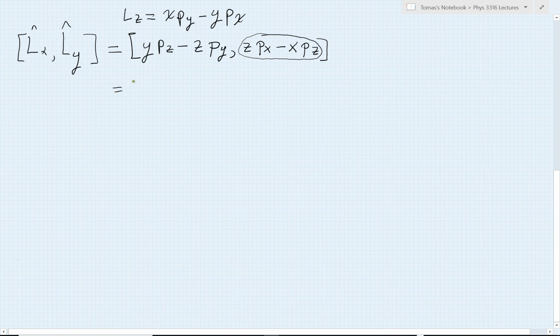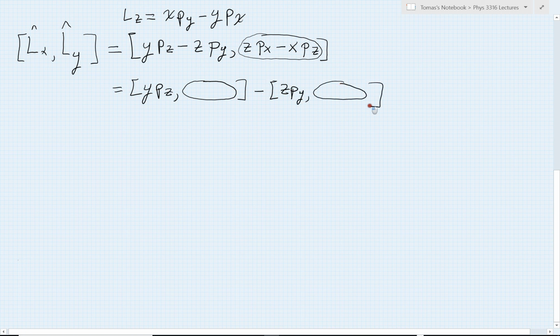So the first term is ypz, and that will be commuted with this entire unit. I won't be rewriting it down, but that represents what's inside of this unit. Minus then, because it's a subtraction instead of a sum, but the logic is exactly the same, minus the commutator of zpy, again with that unit. Finally, we can now insert what the unit is and break it up into its constituent parts.